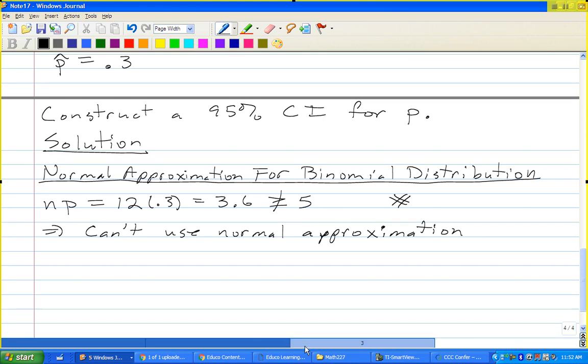So I'm going to have to look to see, and I'm going to sort of draw it here. It's really going to look like a whole bunch of little things like this because there's 12 of them. 1, 2, 3, 4.